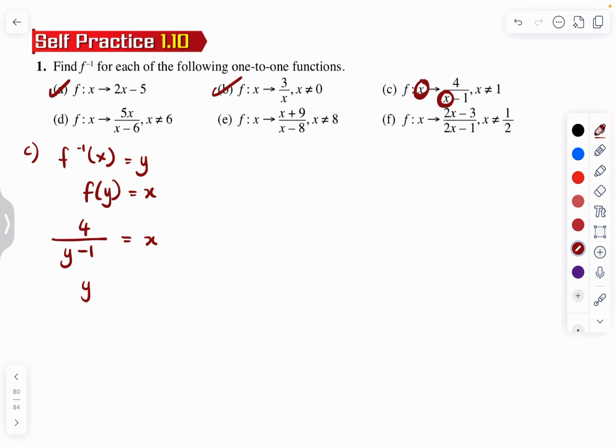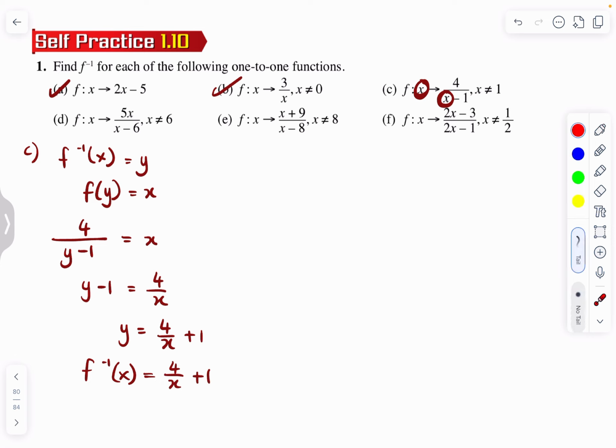So we get y minus 1 is 4 over x. The y minus 1 we bring here, x we bring down here, making it 4 over x. Then we make y the subject, so 4 over x plus 1. So f inverse x is 4 over x plus 1.